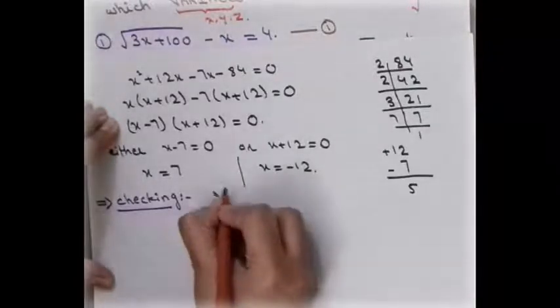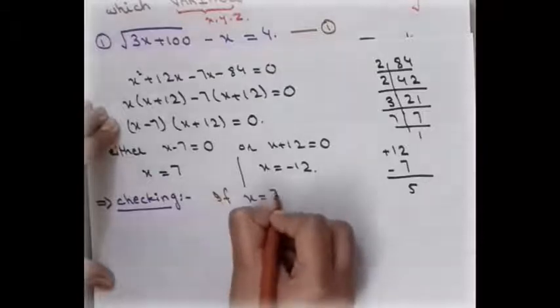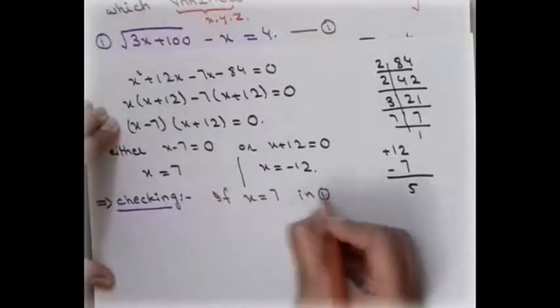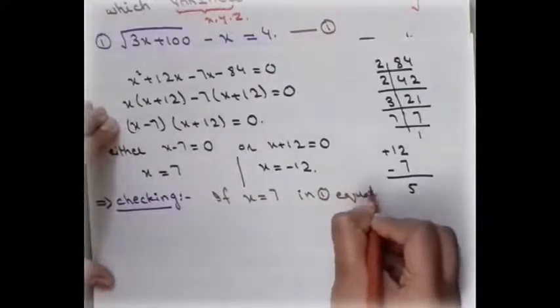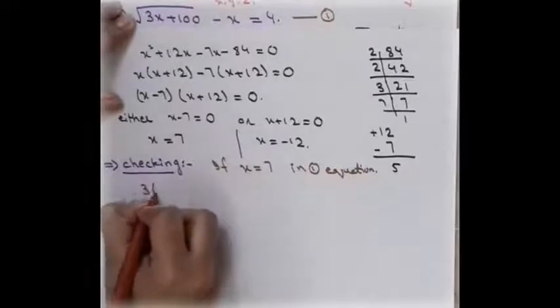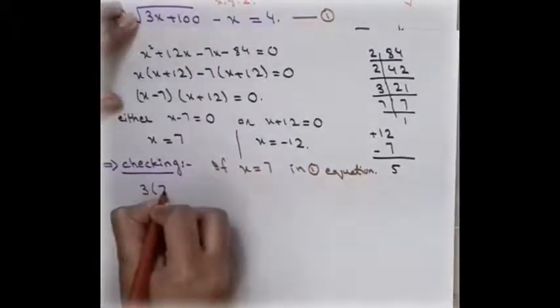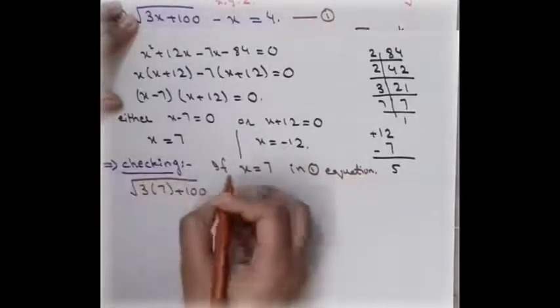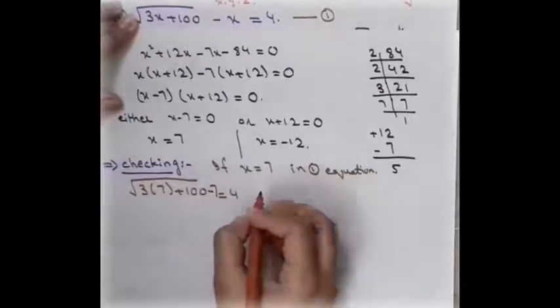So if x equals 7, we put the value of x equals 7 in equation 1. The first equation is the square root of 3 times 7 plus 100, minus 7, equals 4.